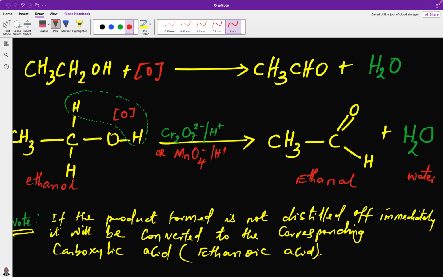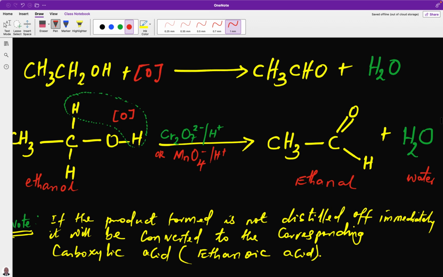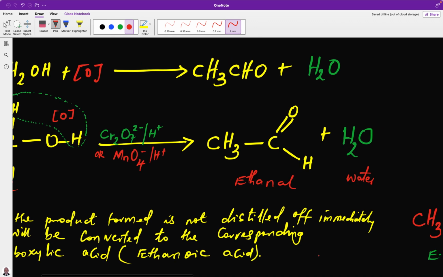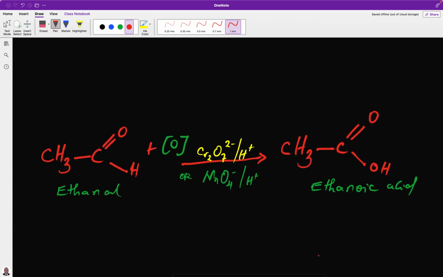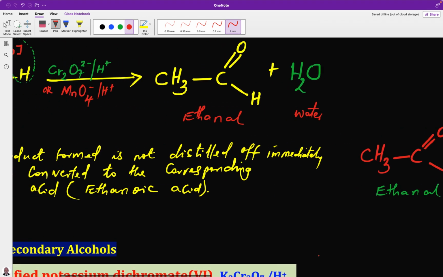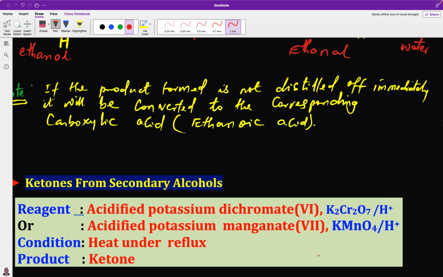And the ethanol in this situation, I said if allowed to stay for some time, it will undergo further oxidation into ethanoic acid. We went further for the preparation of ketone from secondary alcohol.